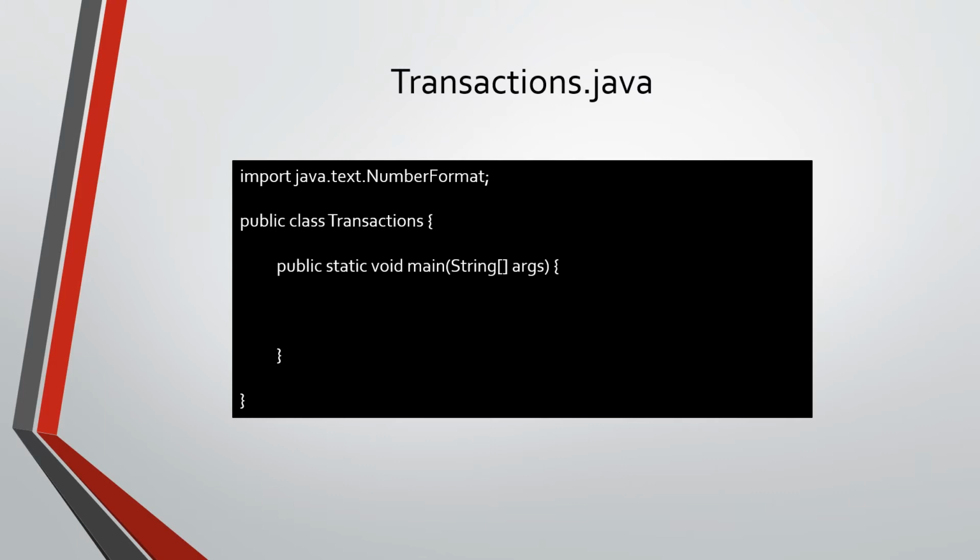So inside the main method, we'll put NumberFormat fmt1 equals NumberFormat.getCurrencyInstance(); Remember that NumberFormat calls the import, followed by the variable name, which we called fmt1. Then NumberFormat.getCurrencyInstance, which will get that particular class.